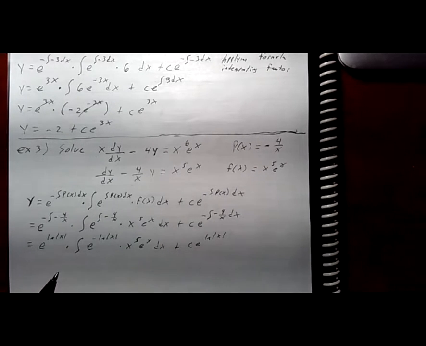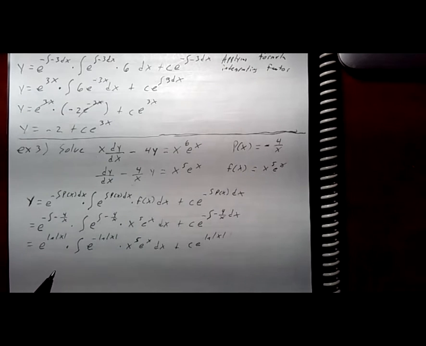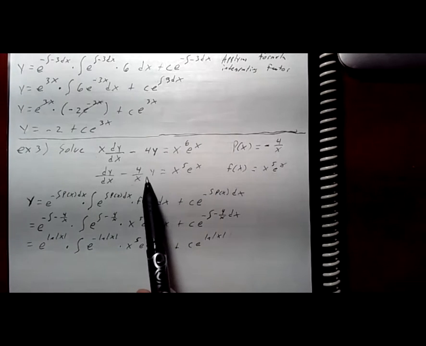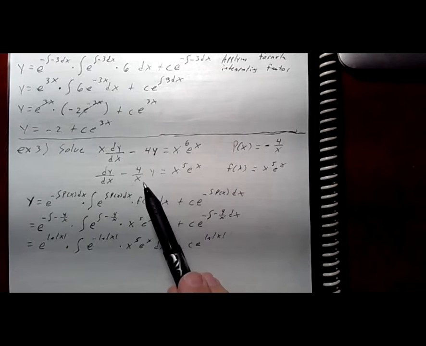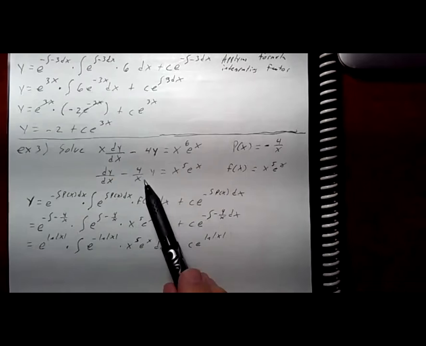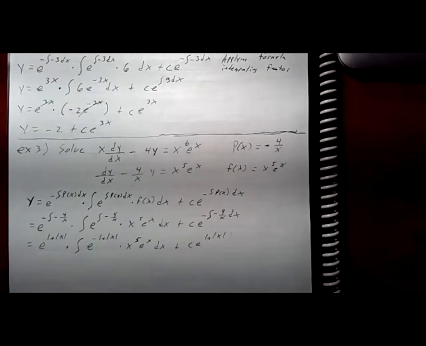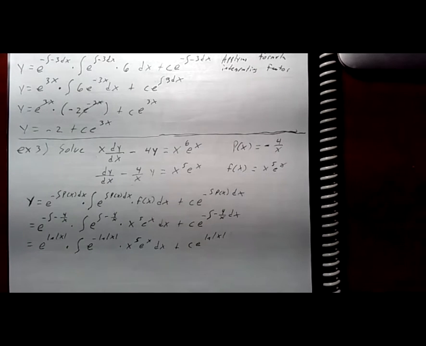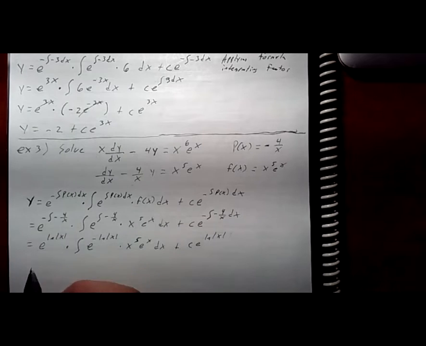Let's see here. Now the p of x actually has a hint that I forgot to mention. Notice how x cannot be 0, right? So our domain will be basically x greater than 0. So we don't really need these absolute values here.